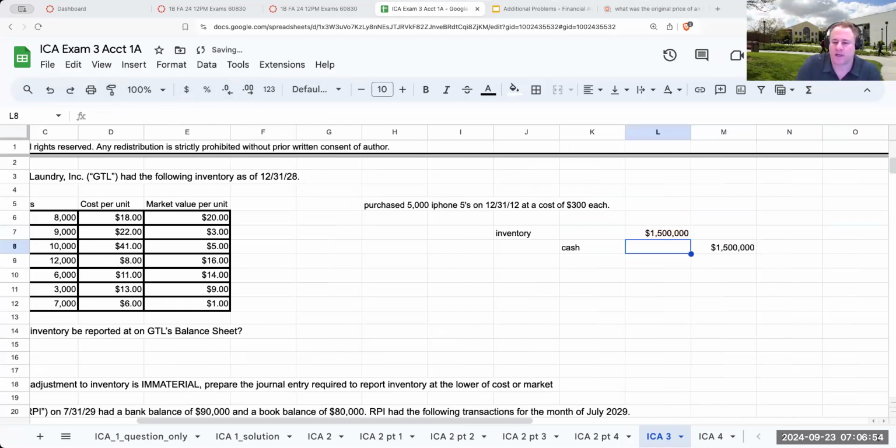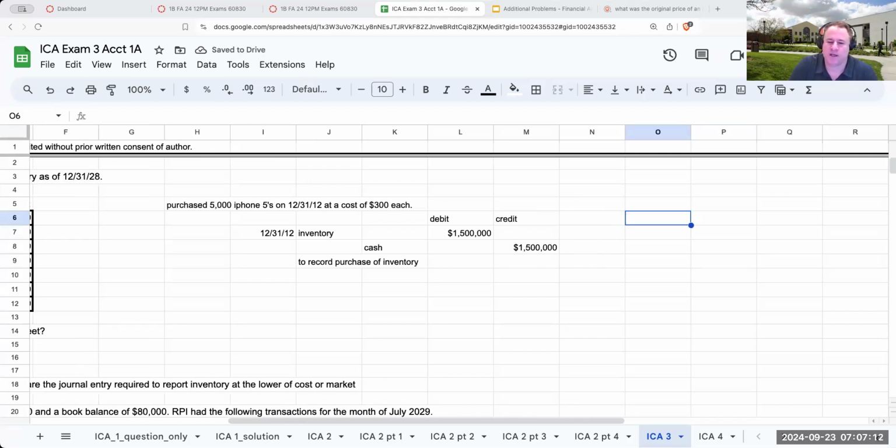To record the purchase of inventory. Now, I want us to imagine that we're now in 2024, and we'll say it's the 64 gigabyte model.